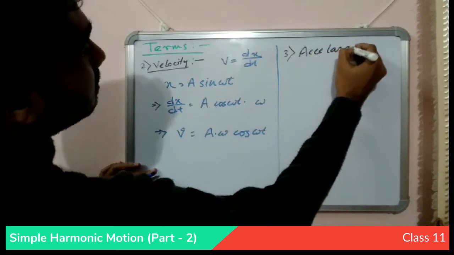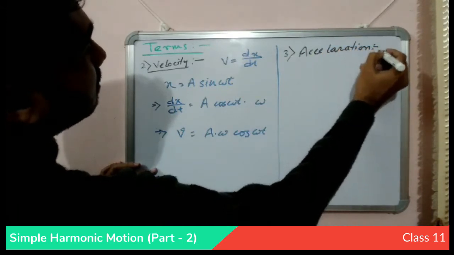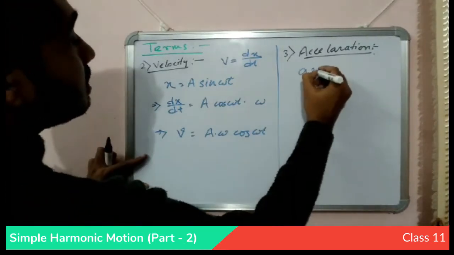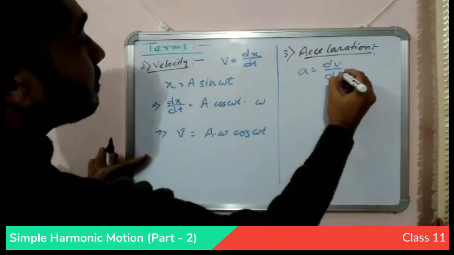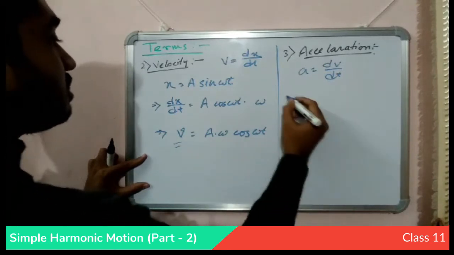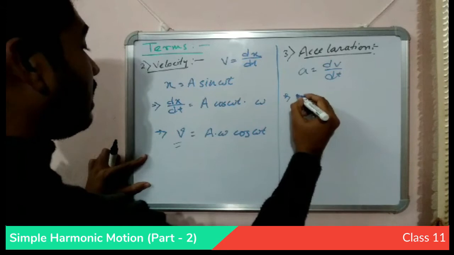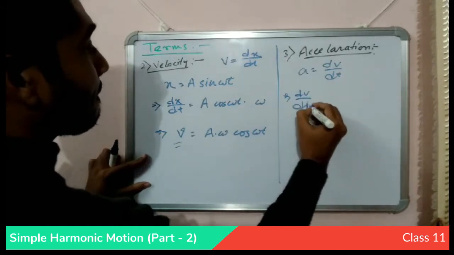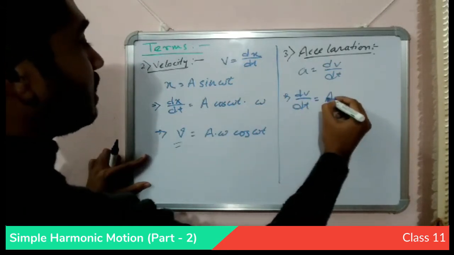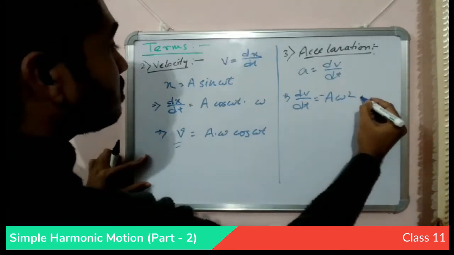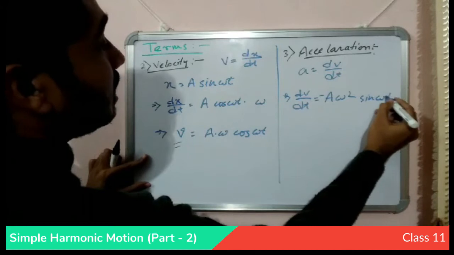The corresponding third term is acceleration, and acceleration is the rate of change of velocity. Here we have the velocity, so we will differentiate this with respect to t again, and it becomes a omega square, with a negative sign due to cos, and this is sin omega t.